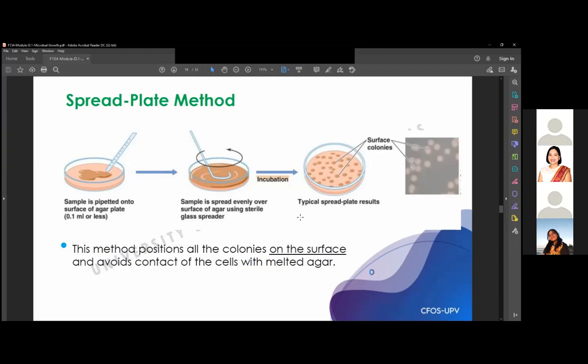However, isolation is easier and more specific kasi kitang-kita mo yung colony na gusto mong kunin if you want to transfer it to another media. And yun yung mga obvious difference. So guys, you should be able to differentiate a pour plate, no, from the spread plate method.